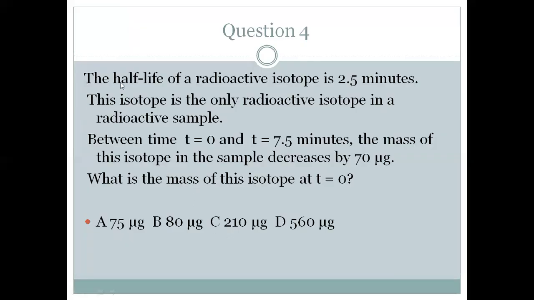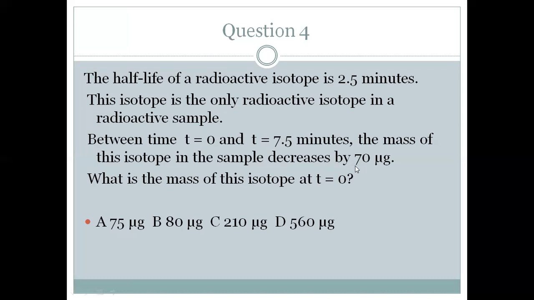Now, question number 4. The half-life of a radioactive isotope is 2.5 minutes. This isotope is the only radioactive isotope in a radioactive sample. Between time t equals 0 and t equals 7.5 minutes, the mass of this isotope in the sample decreased by 70 micrograms.